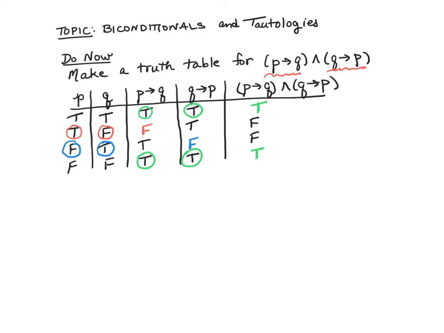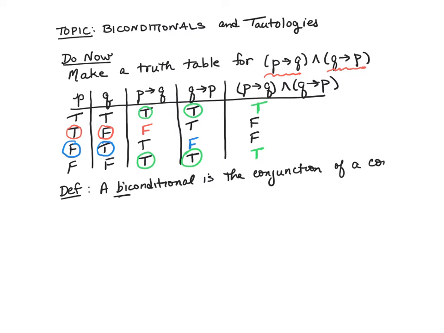So in the do now, this statement, the conjunction of a conditional and its converse, is called a biconditional. Let's define it. Definition. A biconditional, and again, that prefix bi means two, so we have two conditionals, is the conjunction of a conditional and its converse.